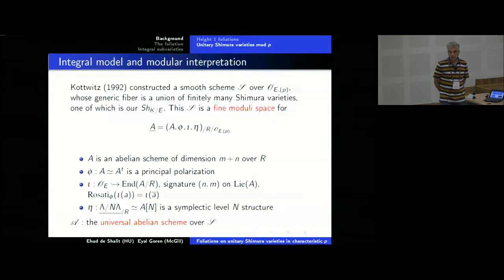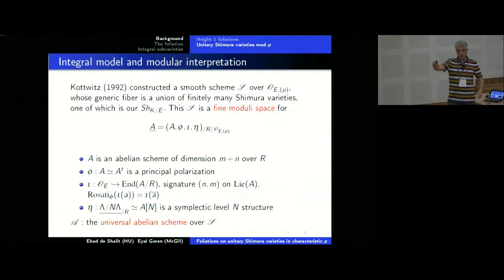So the Lie algebra of A acquires a map from O_E,P. So iota of a should act on a rank n subspace with the natural map, it doesn't have to be an embedding, and on the complex conjugate on a space of dimension m.